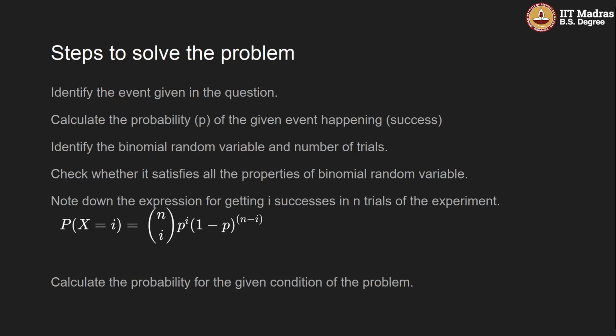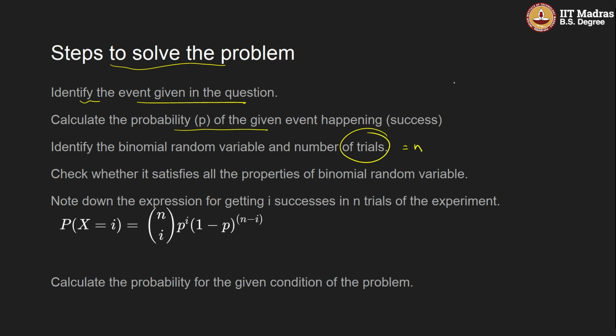Now again we have some steps to solve further problems. First, we try to identify the event in the given question. Then we try to find the probability of success. Then we identify the binomial random variable and the number of trials, which is n.